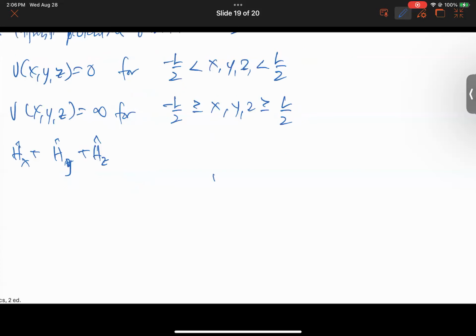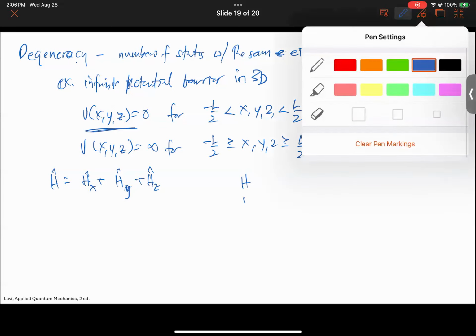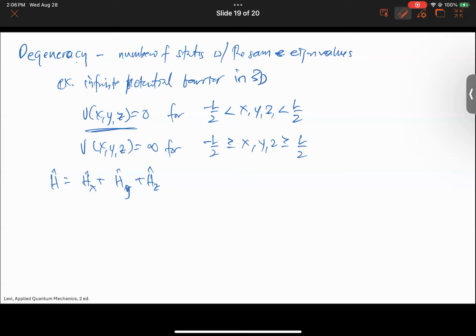Of course, here the potential is 0, so we don't have a problem with that. So we can do separation of variables. The wave function can then be written as psi x of x, psi y of y, and psi z of z, and we can treat each of these wave functions as independent of each other. Separation of variables, right?